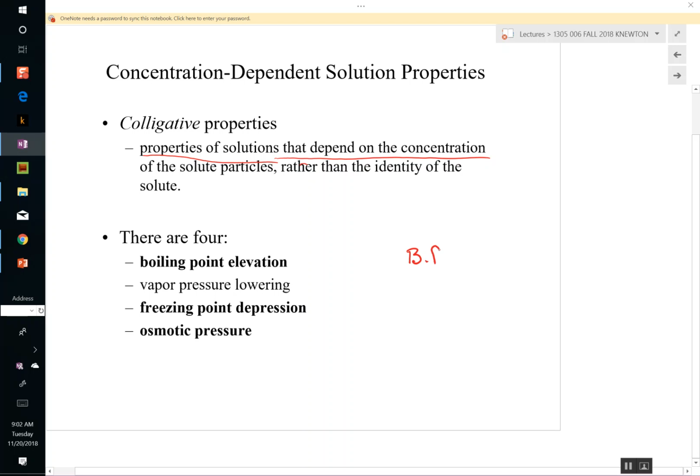So we will talk about boiling point elevation, freezing point depression, and then osmotic pressure. Those are the three we'll talk about the most.